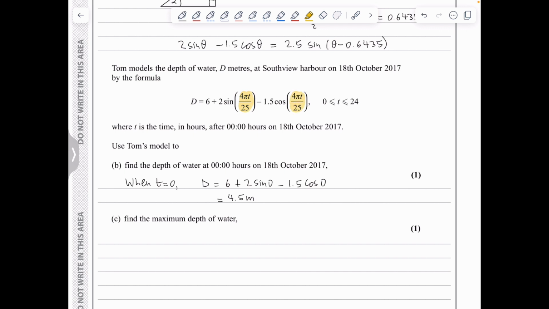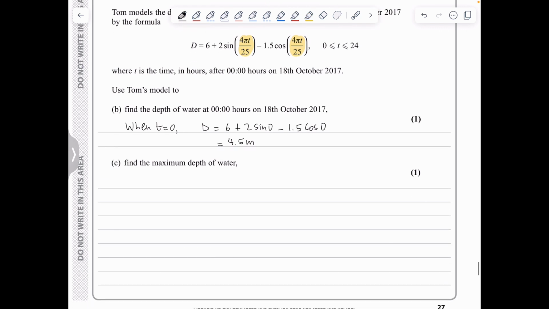So the 4 pi t over 25 is essentially my theta. So I could start by writing d to be 6 plus 2.5 sine of 4 pi t over 25 minus 0.6435.